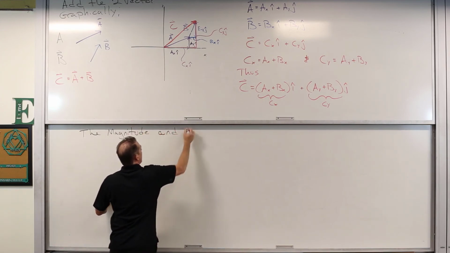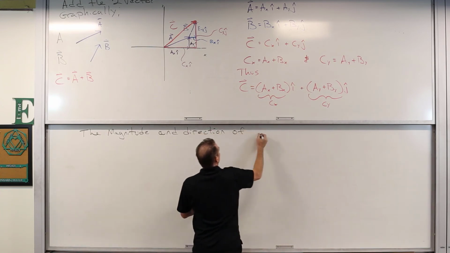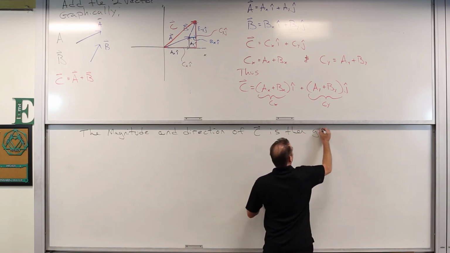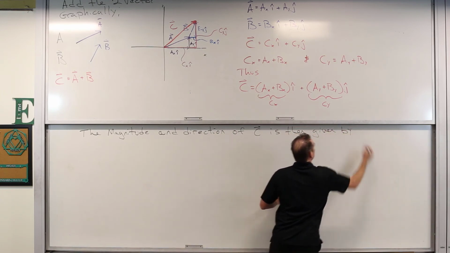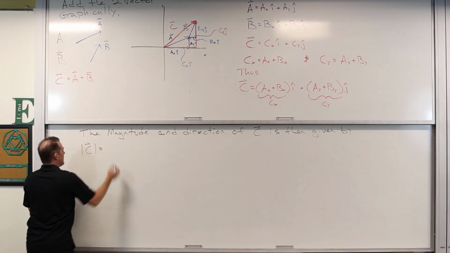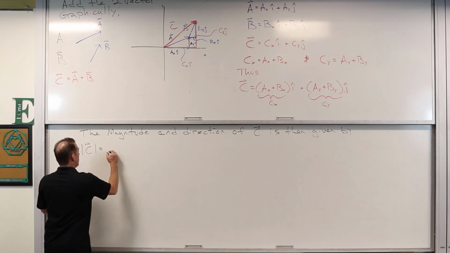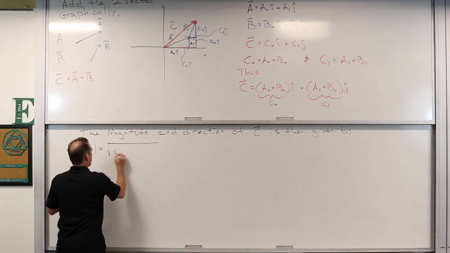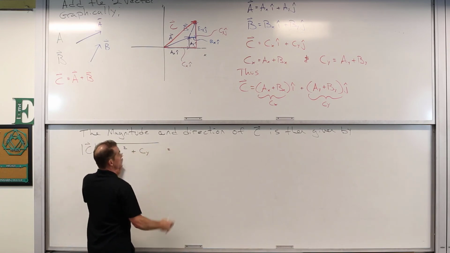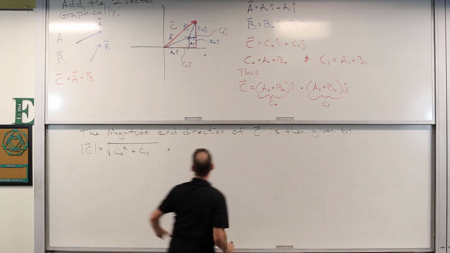The magnitude of C hat is going to be equal to the square root of the sum of the squares of its x and y components, so the square root of C sub x squared plus C sub y squared, where C sub x and C sub y are A x plus B x and A y plus B y respectively.